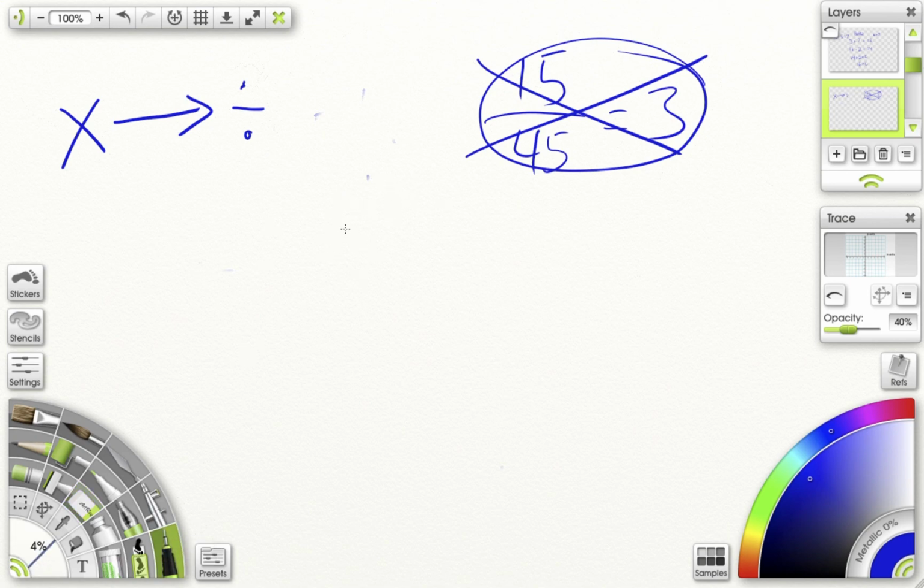So let's do 28 over m is equal to 7. In this case, am I able to do my opposite operation?